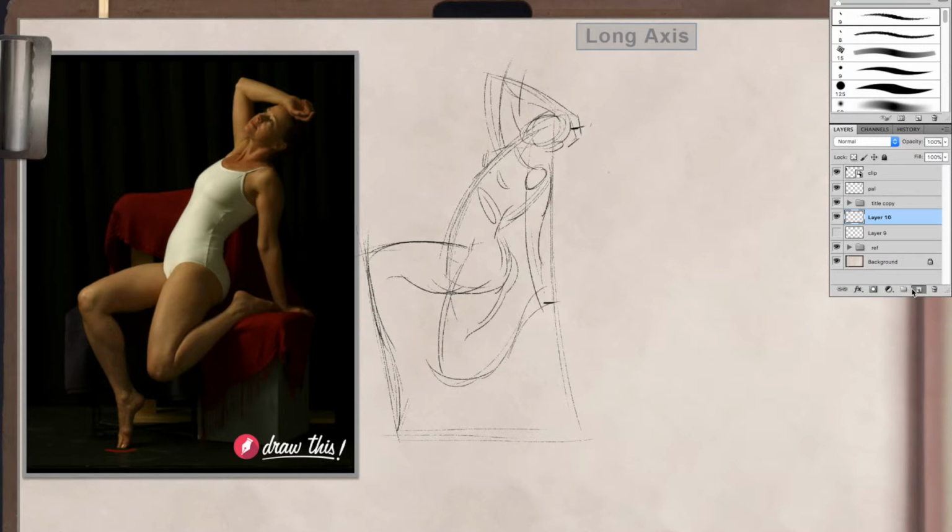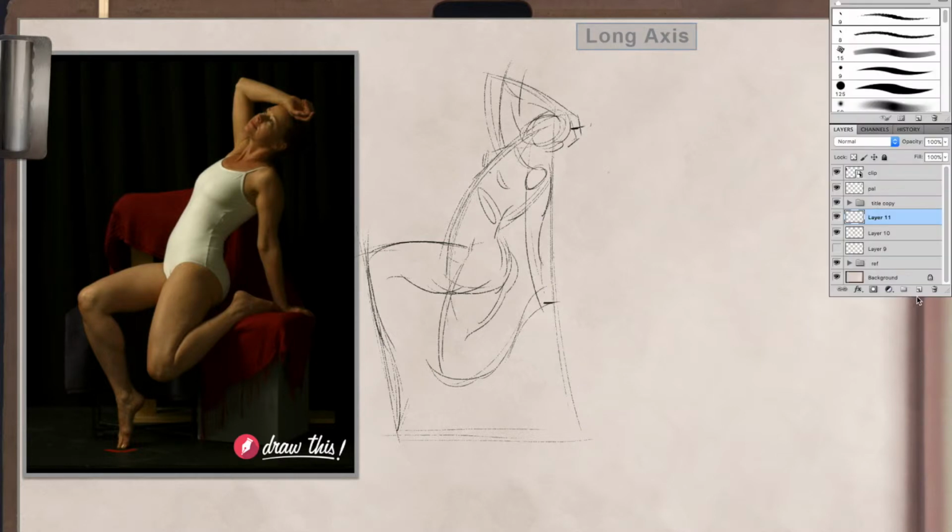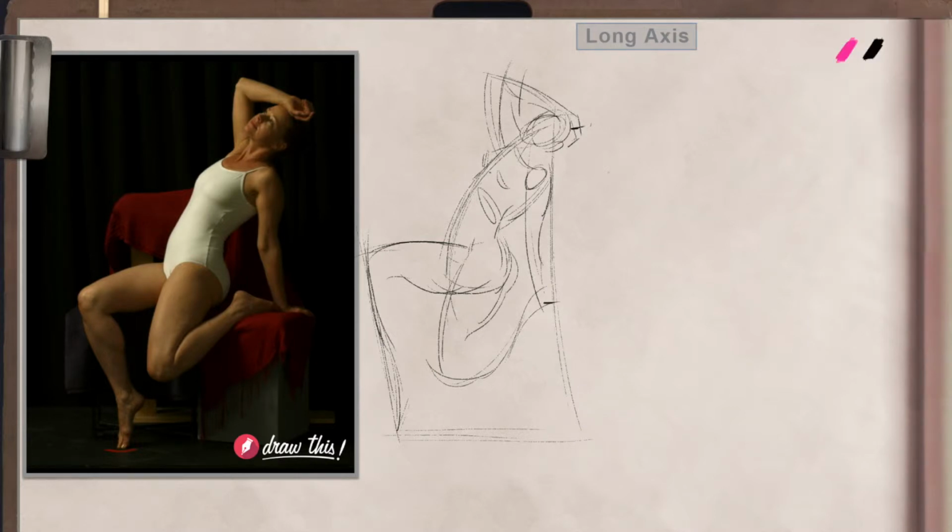Now, I'm going to show you what an animator, someone who doesn't want realism, what they would be doing. Okay, let's take a look at what that might look like. So I'm really going to go for it.